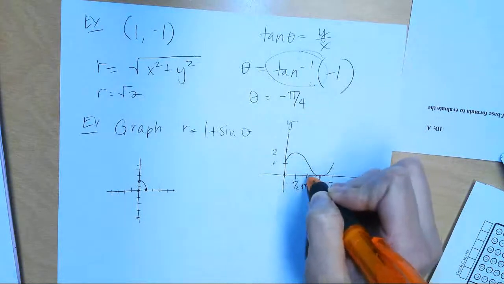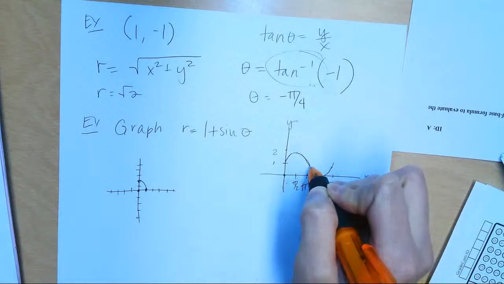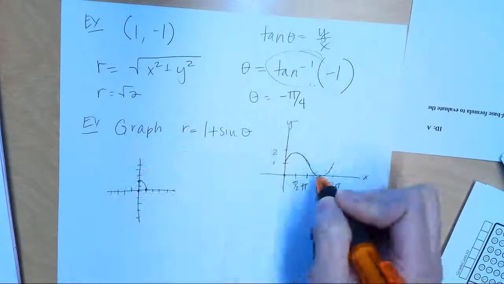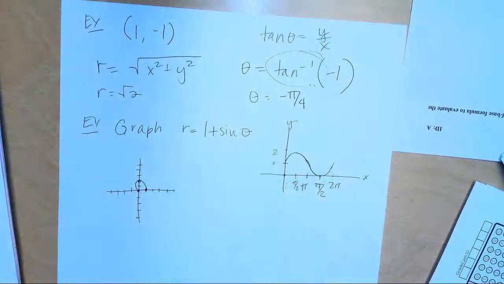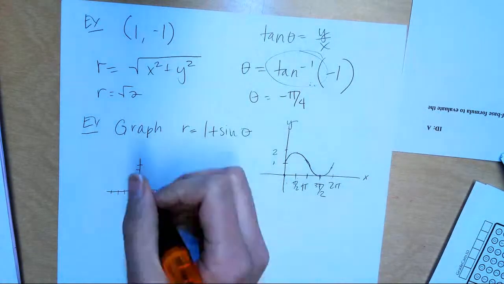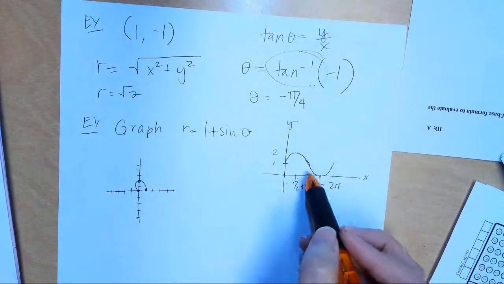So at pi, notice that it's getting closer to the pole, until you get to 3 pi over 2. No, so bad. That's not 3 pi over 2. Yeah, at pi it's at 1. That's where we should have been.